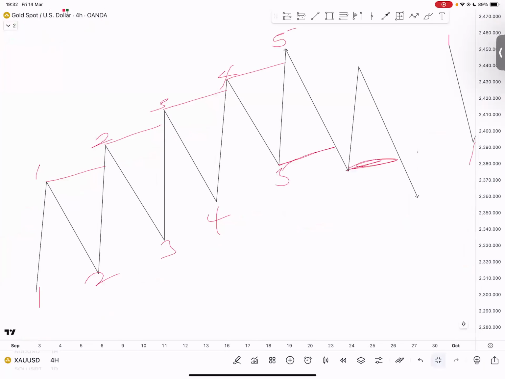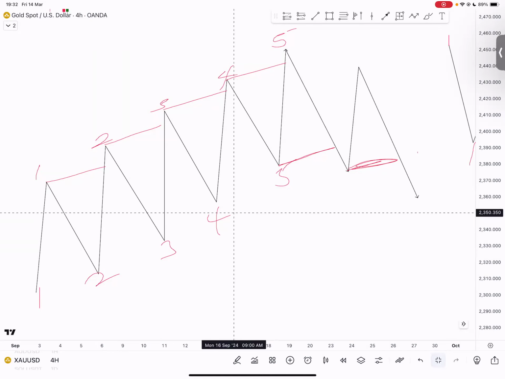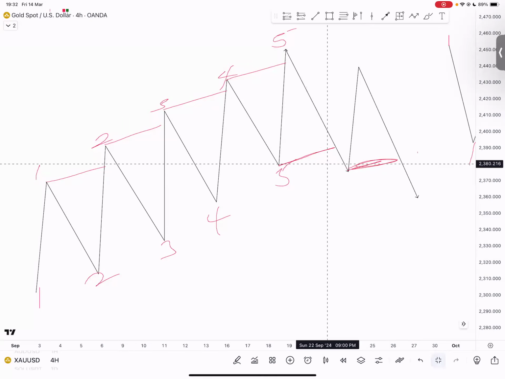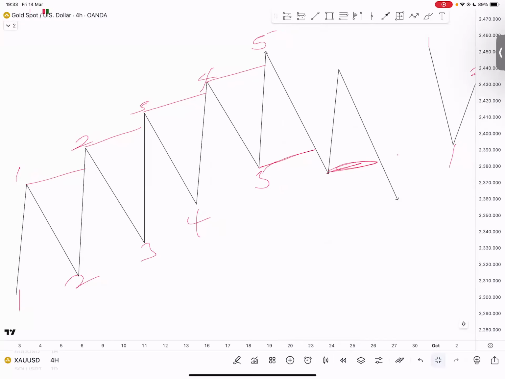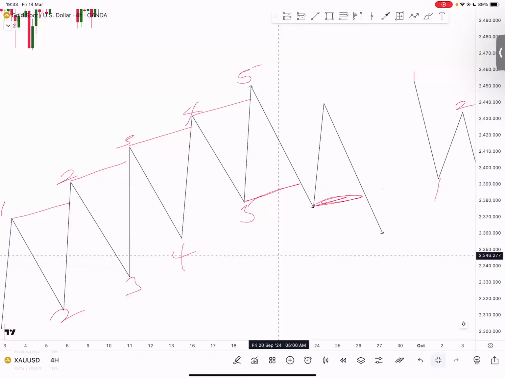This is what the change of character looks like. It usually constitutes a change in the direction of price, but it is an unconfirmed change, which means that you need to see an extra break of structure to confirm that price has truly changed its trend. So I think this is the sum up of what we've done.